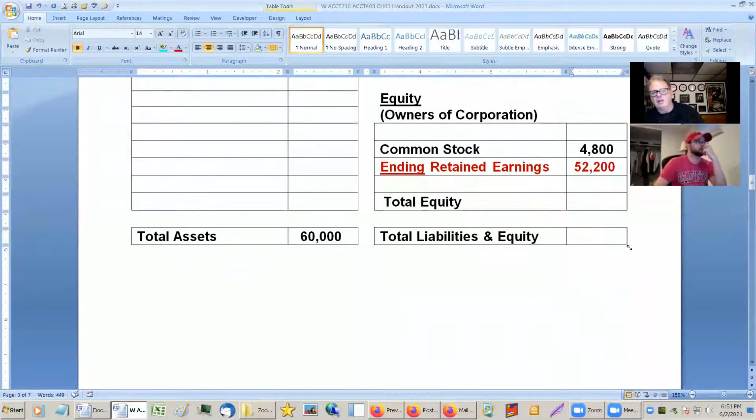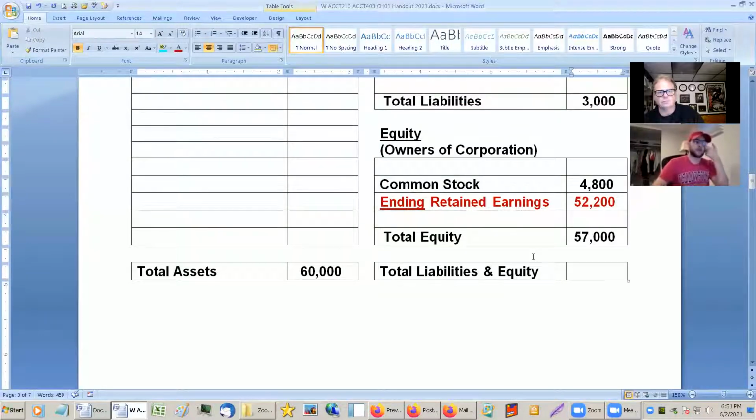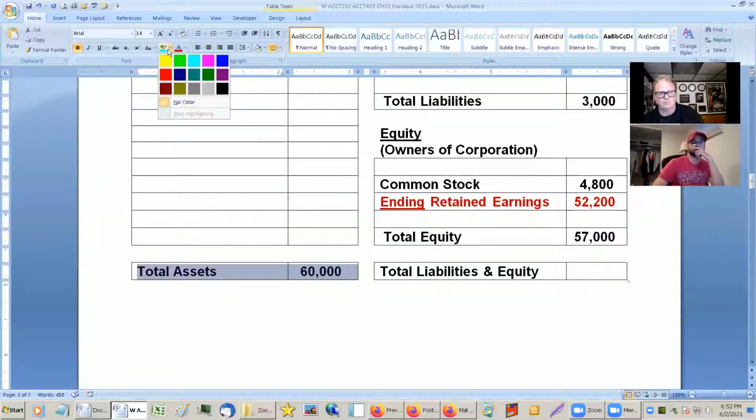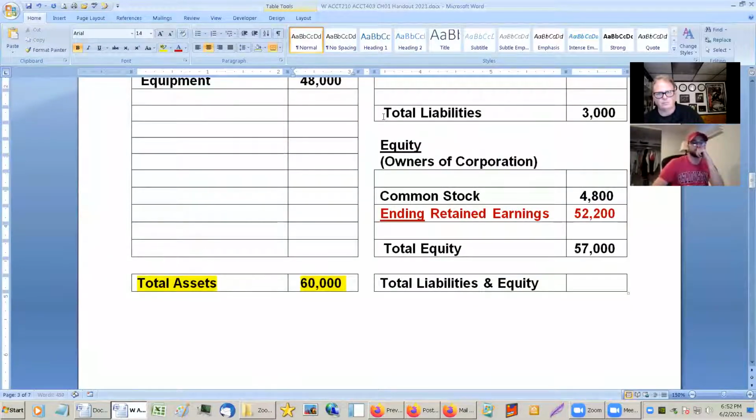Okay, so the total equity is 57,000 even. Now, if we add up both sides of this balance sheet, so assets are 60,000, liabilities and equity, those also come out to be 60,000.